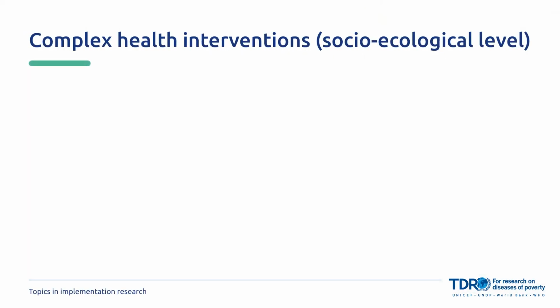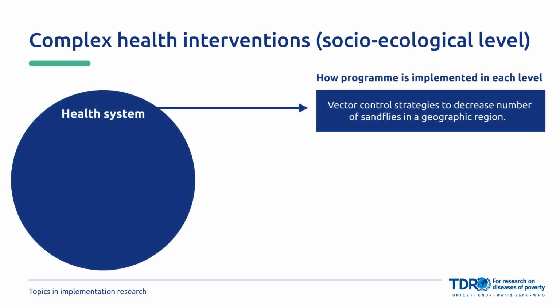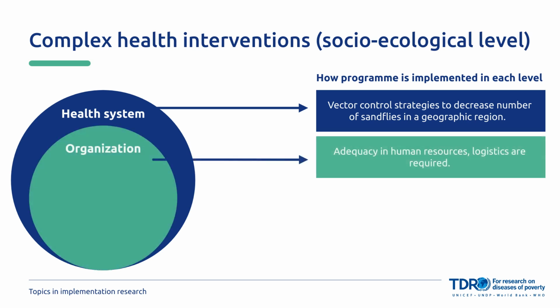To better understand how evidence-informed interventions work at different socio-ecological levels, let's use the example of a program aimed at controlling visceral leishmaniasis. This program may employ vector control strategies at the health system level to reduce the population of sandflies within a specific geographical area. However, the efficacy of such an intervention is not solely determined by efforts at a health system level.